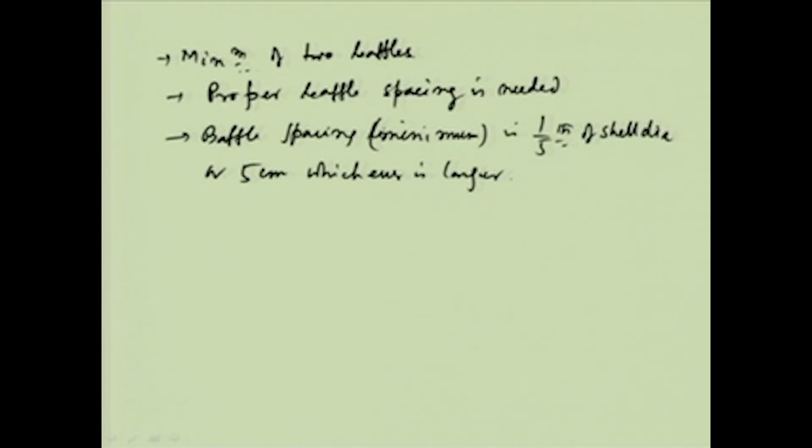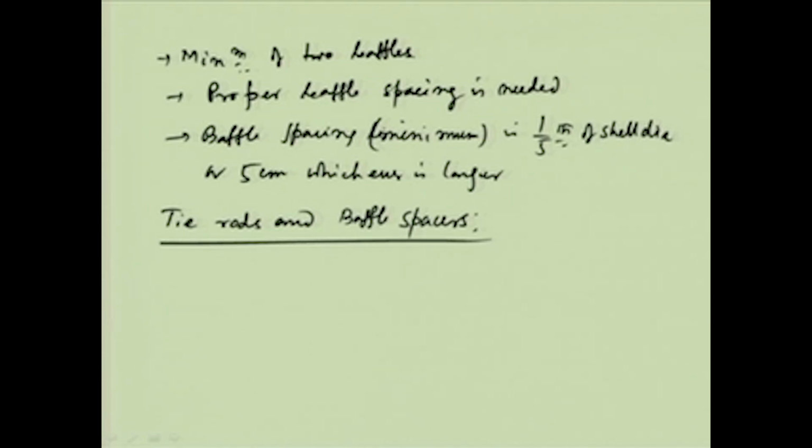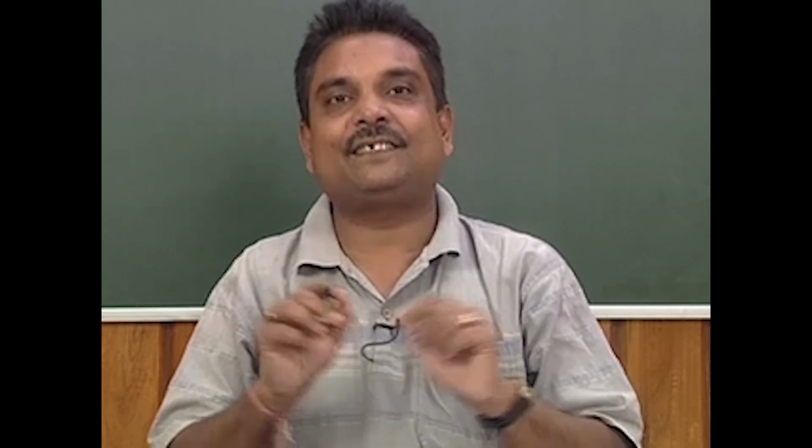Okay. And then comes another important thing, that is called tie rods and baffle spacers. So, a tie rod is basically a rod. From the name itself we can understand it is tying off.